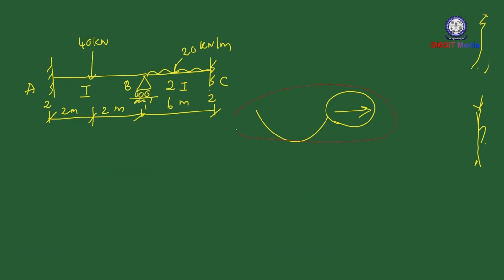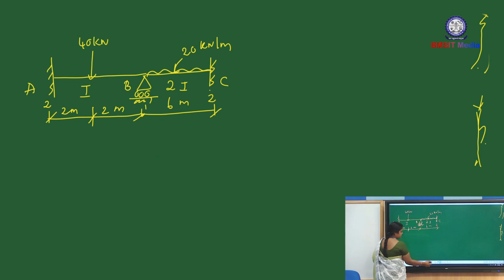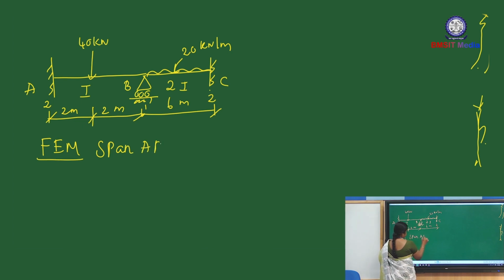So the first step is the fixed end moment. We have to calculate the fixed end moment. General formulas are there. For the span AB, anti-clockwise moment will be developed at A and clockwise moment will be developed at B due to this external load.